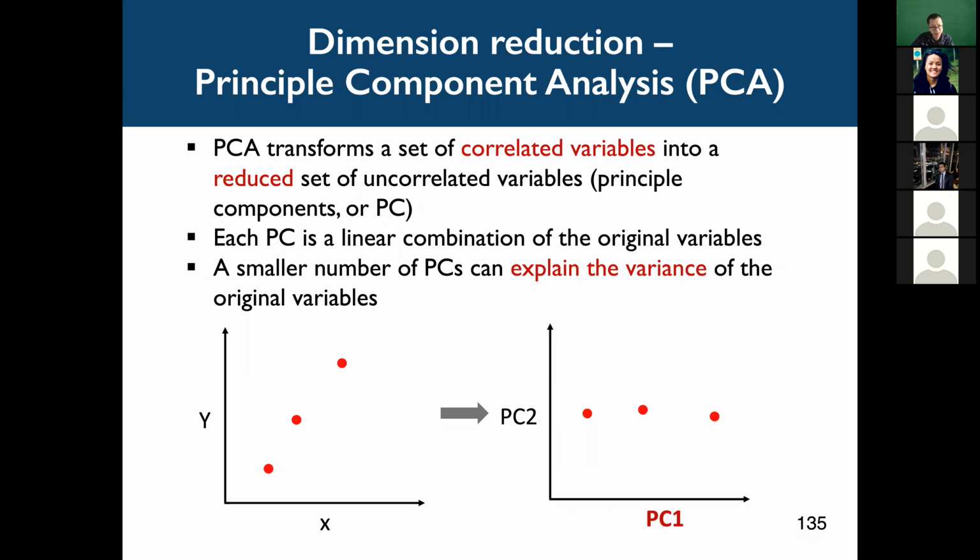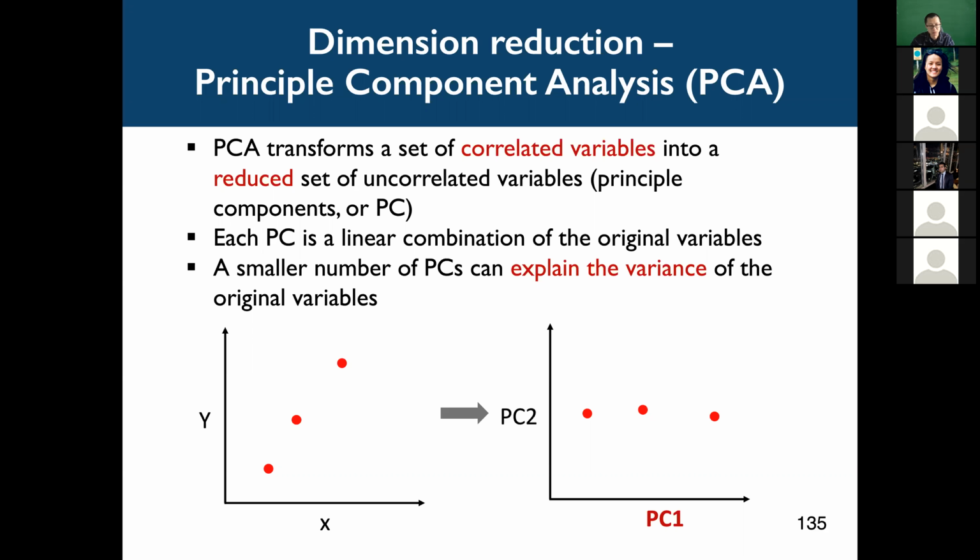For example, here we have two dimensions, X and Y, and we have 3 data points. If we do a rotation of these 3 data points, we can rotate them into almost one line, and then we can use one principal component, PC1, to represent the data. PC2 can also be used, but PC2 only represents a small variance of the data.